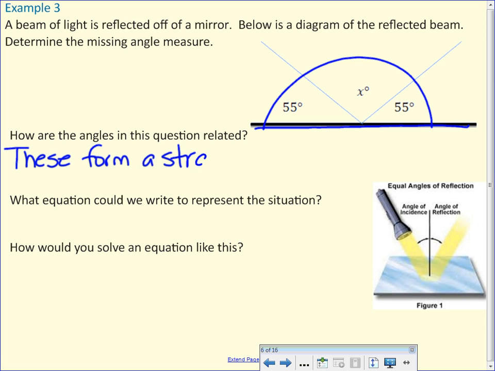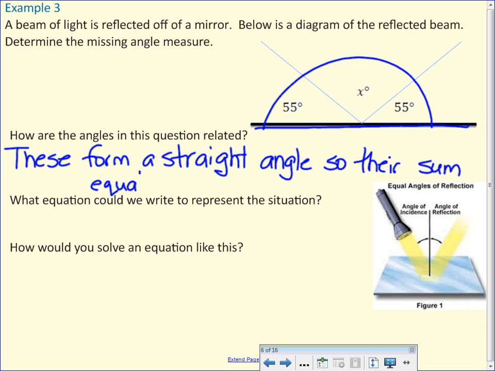These form a straight angle. So their sum equals 180 degrees.